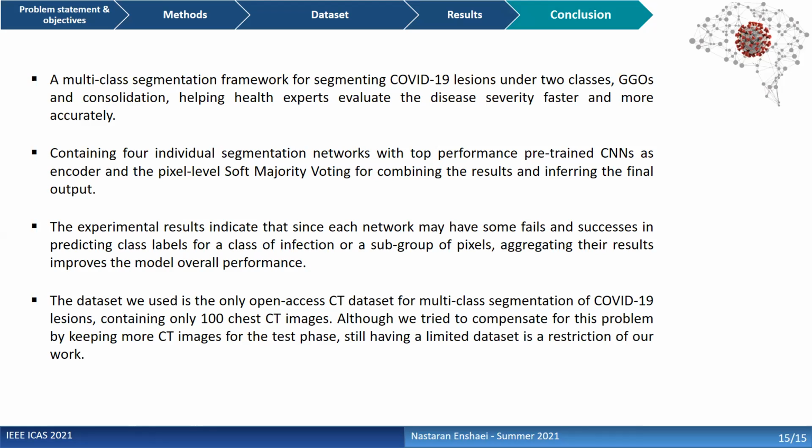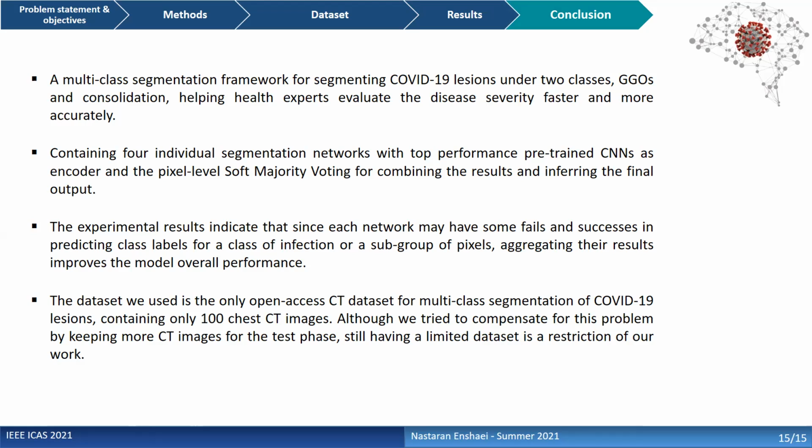The experimental results indicate that since each network may have some fails and successes in predicting class labels for a class of infection or a subgroup of pixels, aggregating the results improves the model's overall performance.